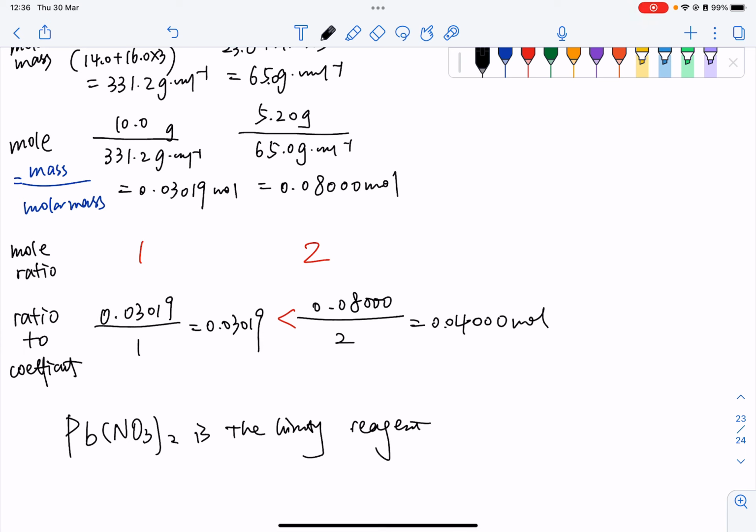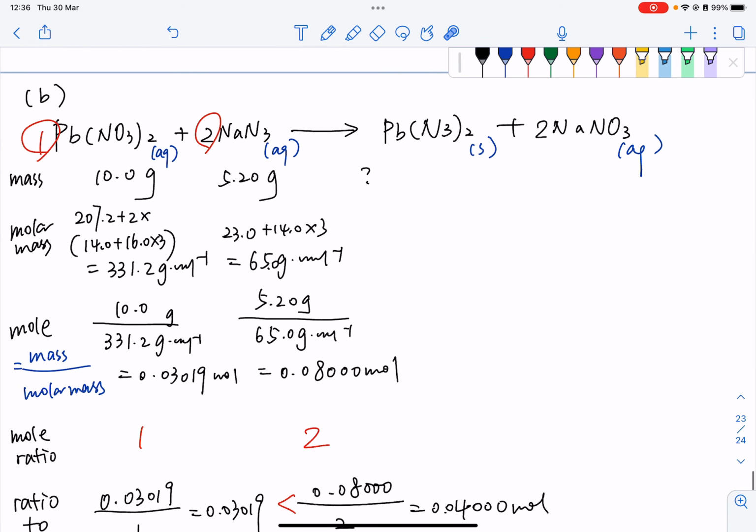So if we want to calculate the Pb(N3)2 here, which reactant should we use? Should we use the limiting reagent or use another one that's in excess? Think about it. So we should use the limiting reagent here, right?